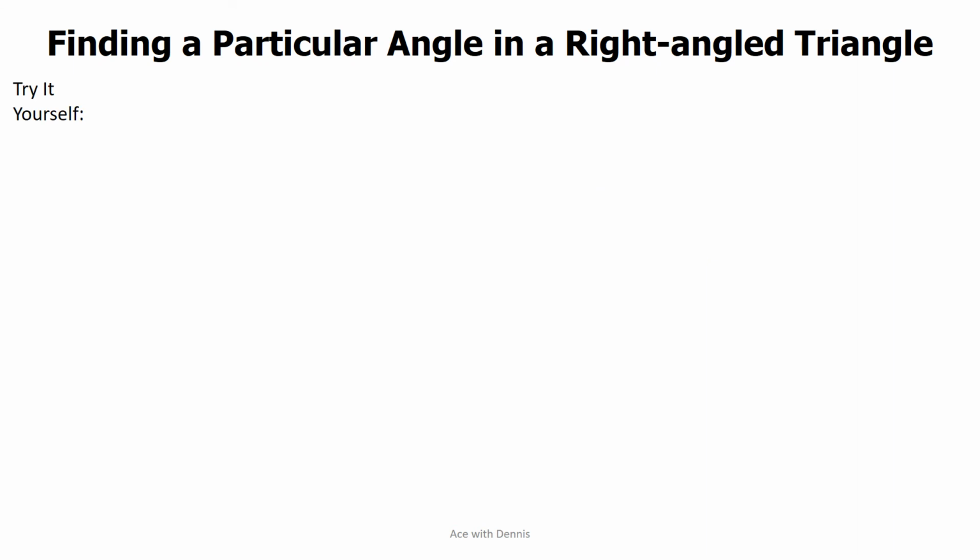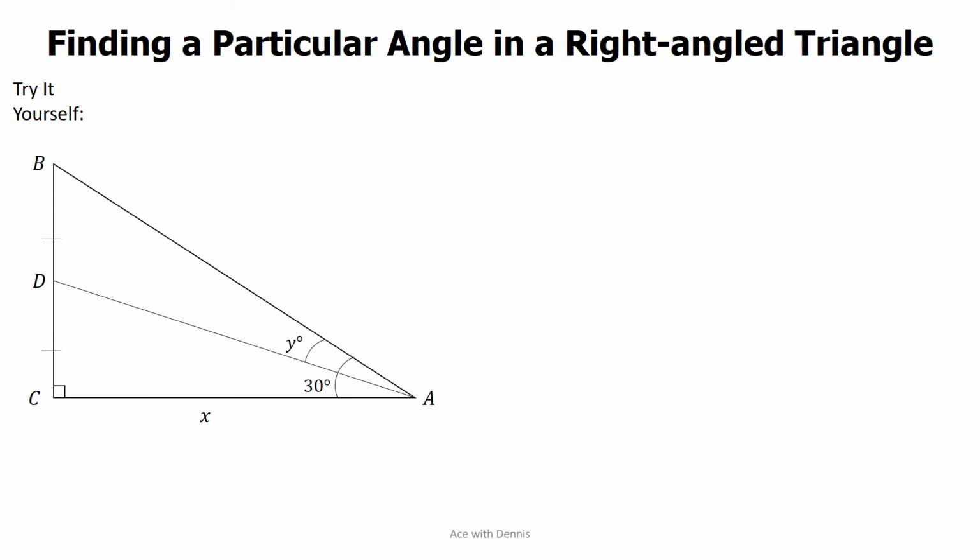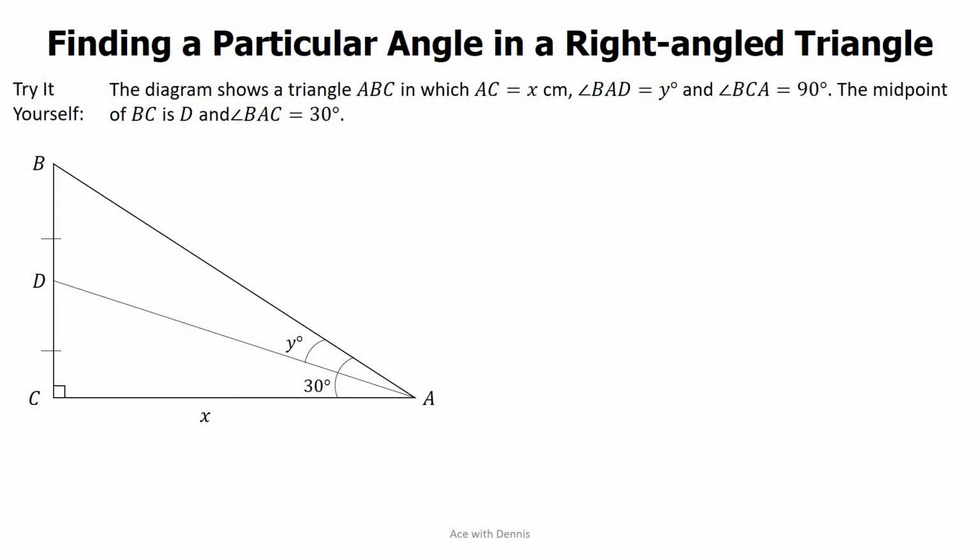Now here is another similar example that you can try yourself. I give you this diagram. The diagram shows a triangle ABC in which AC equals x cm, angle BAD is y degrees, and angle BCA is 90 degrees. The midpoint of BC is D, and angle BAC is 30 degrees.